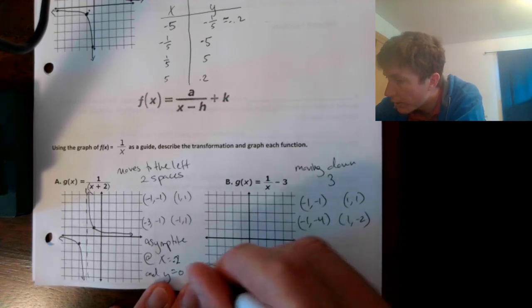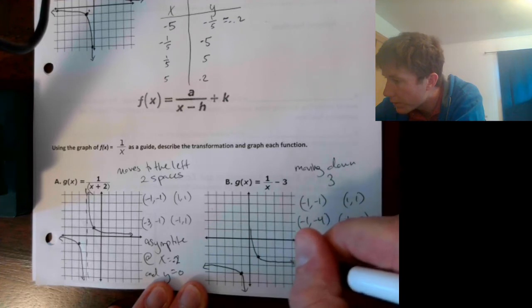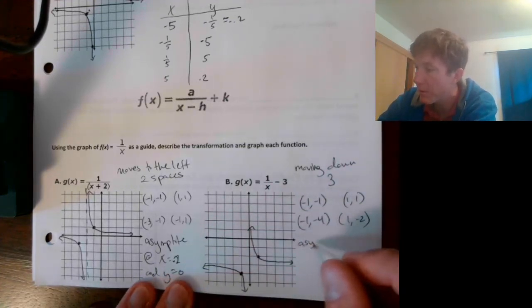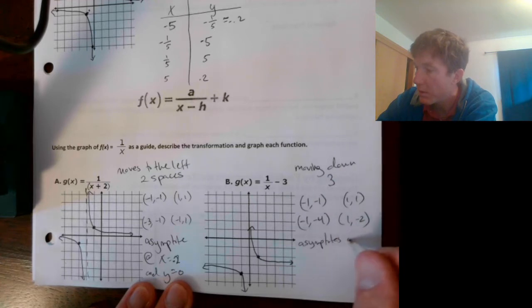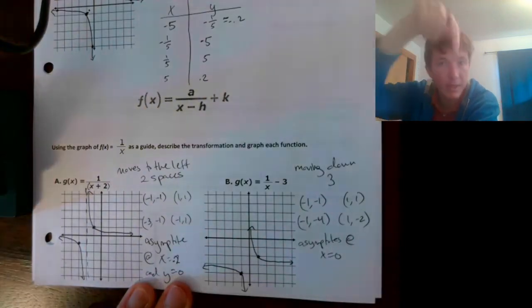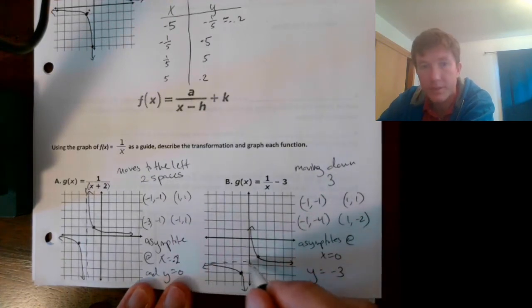And go ahead and graph. Okay, so the only thing that's changed here, I still have an asymptote at x equals 0, because I didn't move to the left or right at all. I just went down. So we have a new asymptote at y equals -3. It's down here. This is our new asymptote.